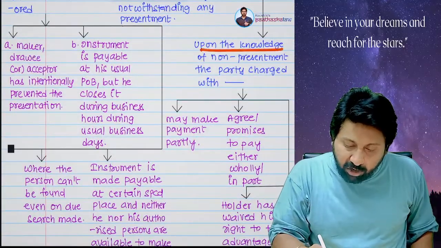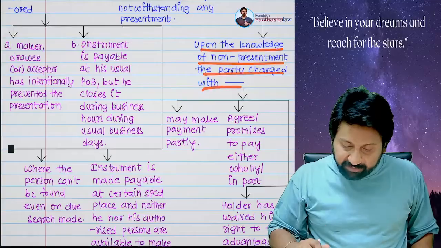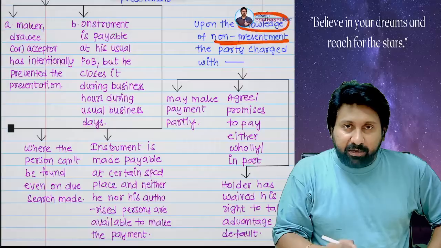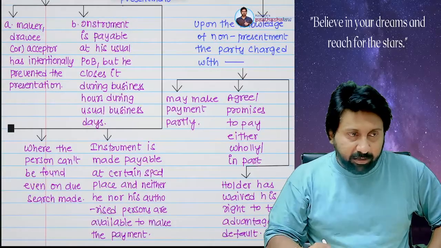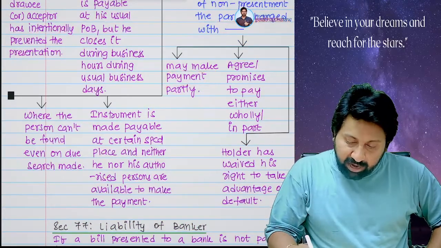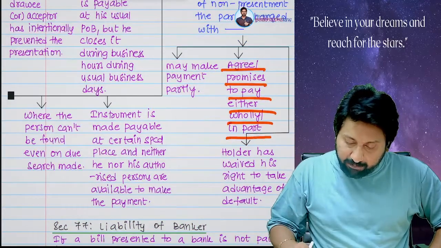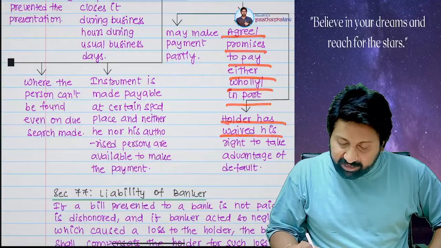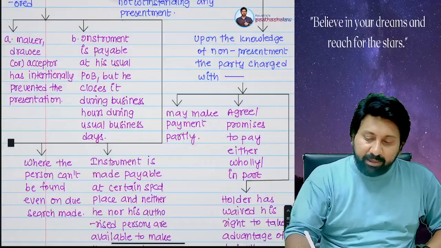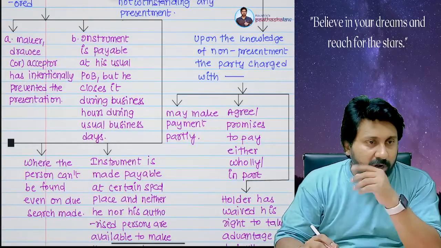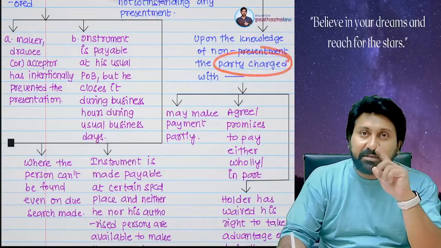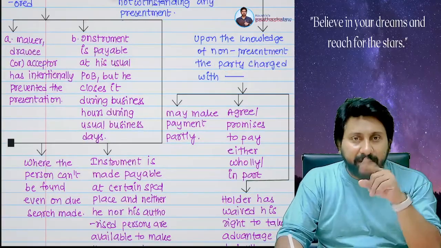Next, upon the knowledge of non-presentment, he did not present. The party charged with may make the payment partly, or agree or promise to pay either wholly or in part, or the holder has waived the right to take the advantage of default. Means when presentment is not required, it was not presented, and the party charged with means the party liable. Who is the party liable? In a bill, drawee is liable.